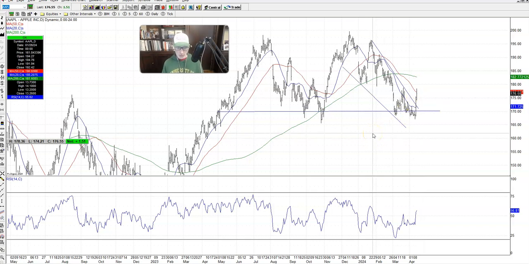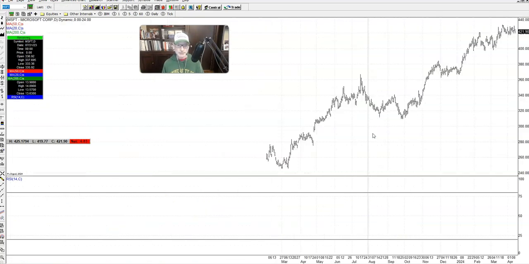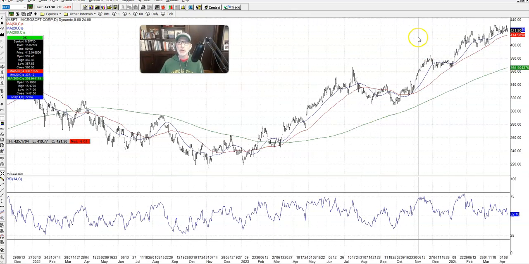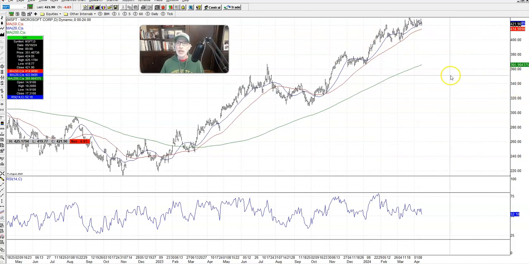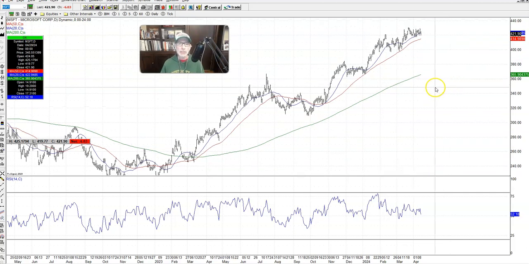Let's look at the more solid uptrending stocks. I talked about Microsoft last week. I said Microsoft was my favorite bullish stock to look at because it had such a great uptrending chart hugging along the 20-day moving average. Now we saw how the general market, the S&P 500 and the Dow, all were down last week, or at least the last 2 weeks.